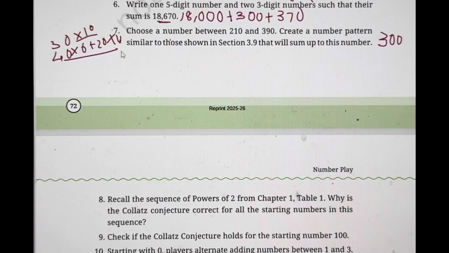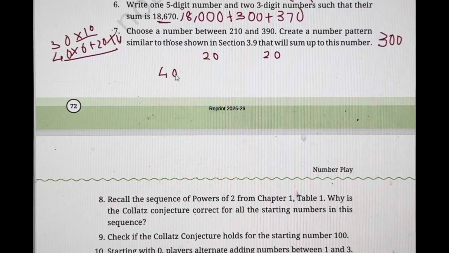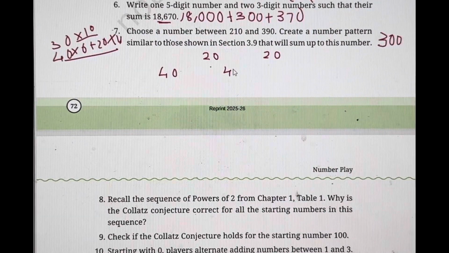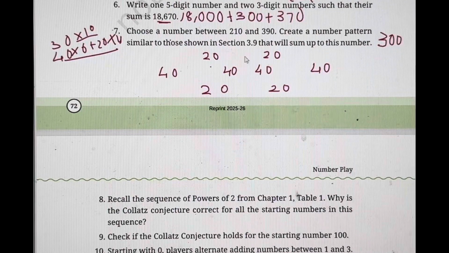So suppose I choose this 40 into 6 and 20 into 4. So we arrange it in this way, maybe 20, 20 here. Then we keep 40, 40, 40 and 40. Then again we take 20, 20. So we have already got 4 20s and 4 40s.